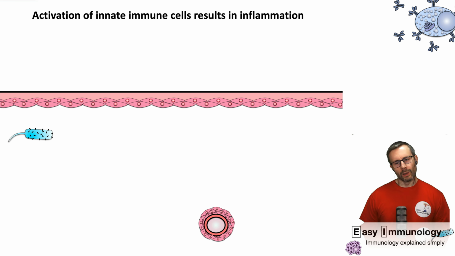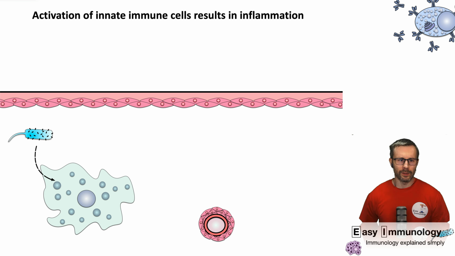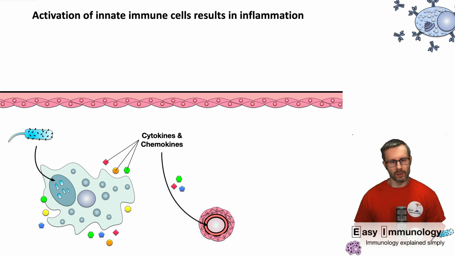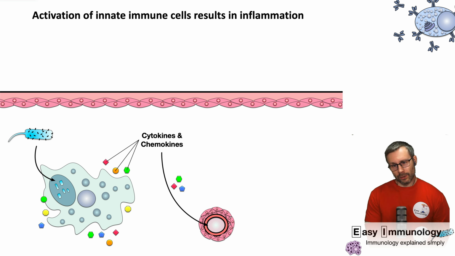So let's now look where these signs of inflammation come from. So imagine you have your bacterium that has managed to infect your body, and the upper cell layer is your skin, and above that layer is outside, and below that layer is inside. Then phagocytes will eat up the pathogen, produce cytokines and chemokines, and these cytokines and chemokines bind to their target cells in all of your body, but they do so in a concentration-dependent manner.